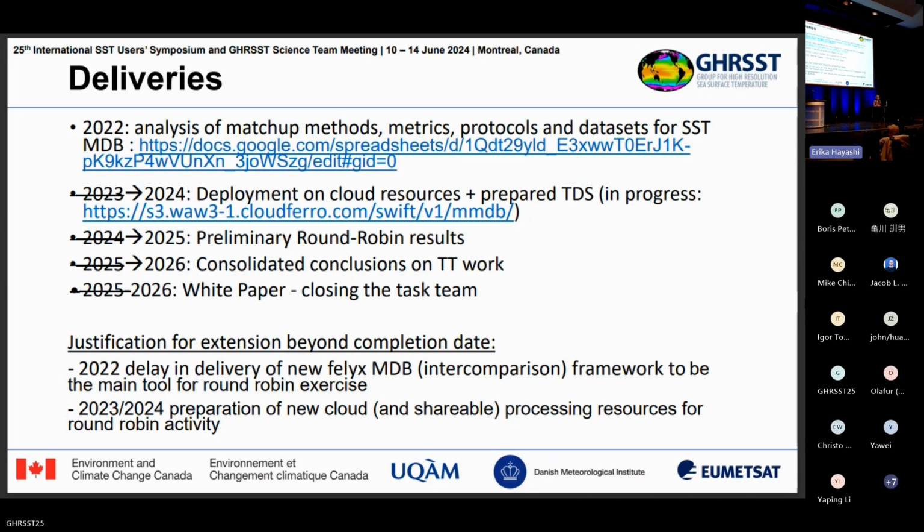The deployment of the cloud resources has been started, and we have already some test data sets that now we need to extend and complete, and start working on, as I said before, the round robin and eventually the production of recommendations and the white paper.